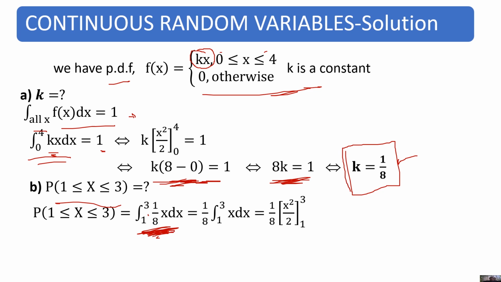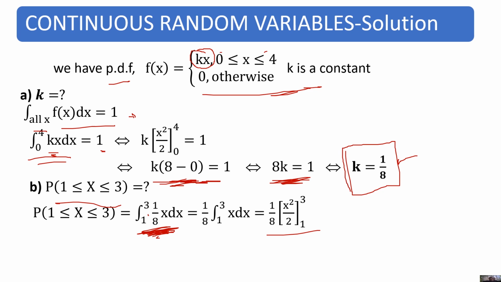So when we integrate, we take 1 over 8 as a constant, then we integrate x dx. By integrating x dx, we get x squared over 2, and the solution here will be 1 over 8 times x squared over 2, then apply boundaries 1 and 3.